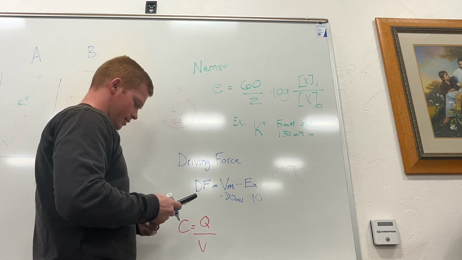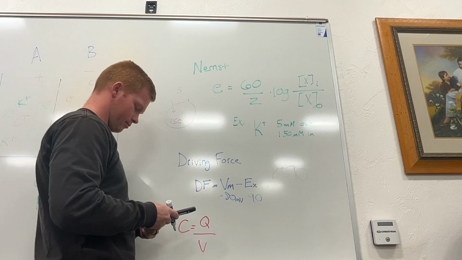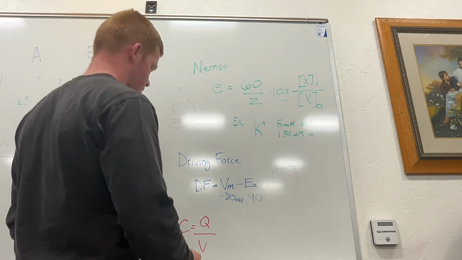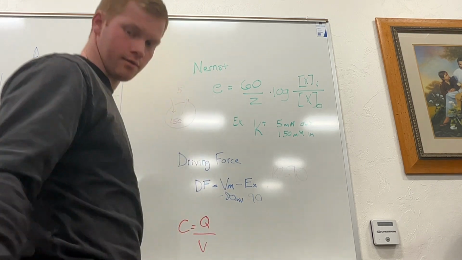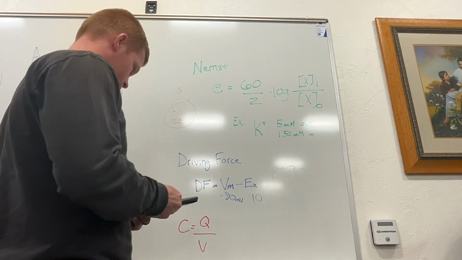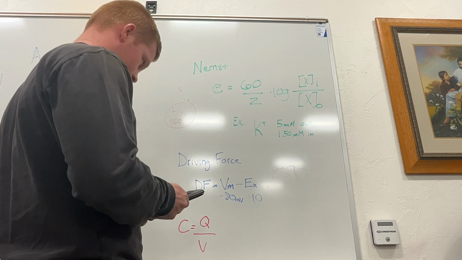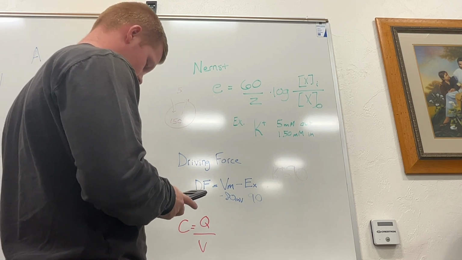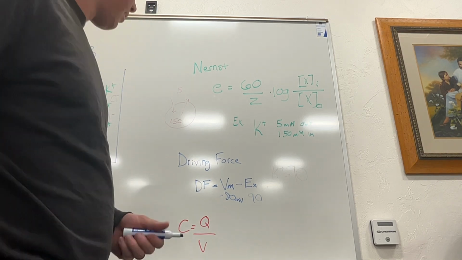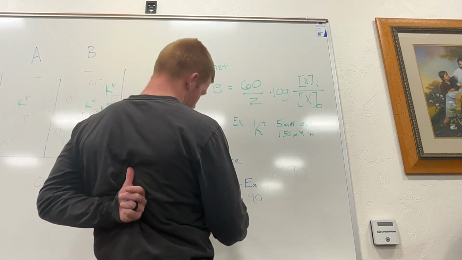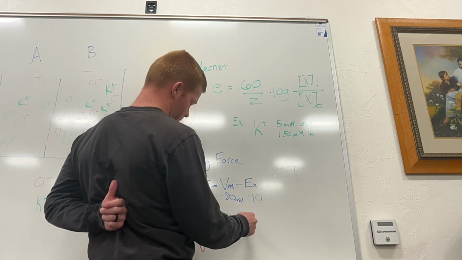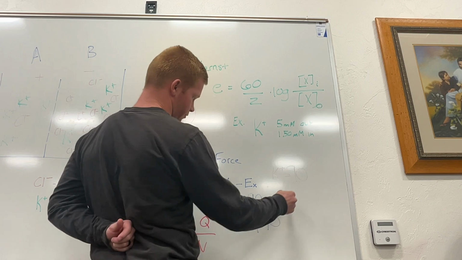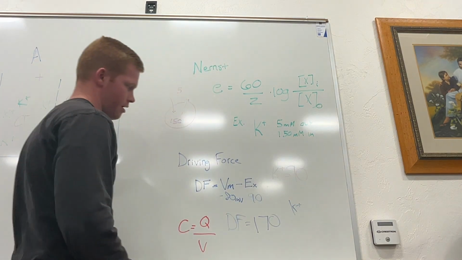And so I think it's like 150. No, sorry, that's not right. It's like 170, I think. Negative 80 minus 90. Yeah, 170. So that's going to give us the driving force of 170 for potassium.